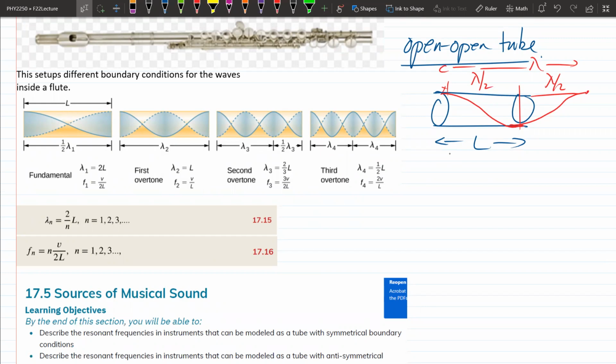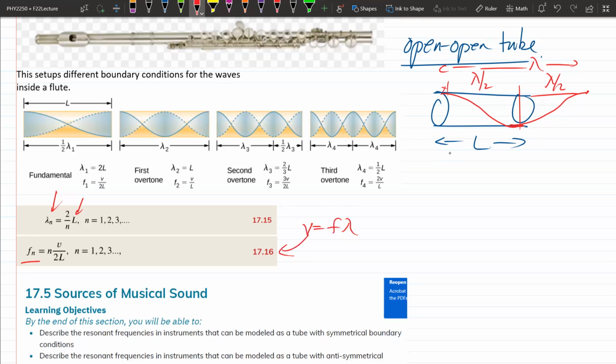The way you calculate the wavelengths that will fit into a tube with a particular length L is 2L divided by n, where n, once again, is 1, 2, 3, 4. So be a little careful. This one is all the integers, not only the odd ones. And if you want to calculate this in frequency, once again, you use the relationship that the speed of sound is just the frequency times the wavelength.